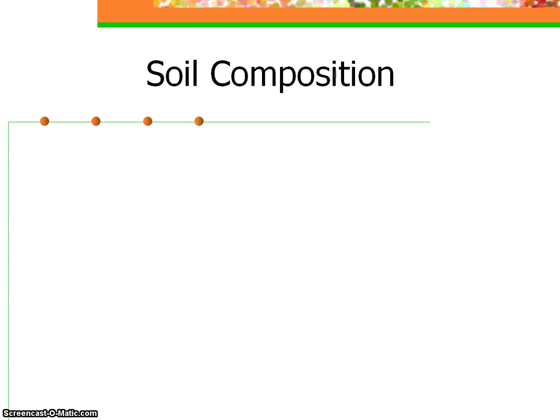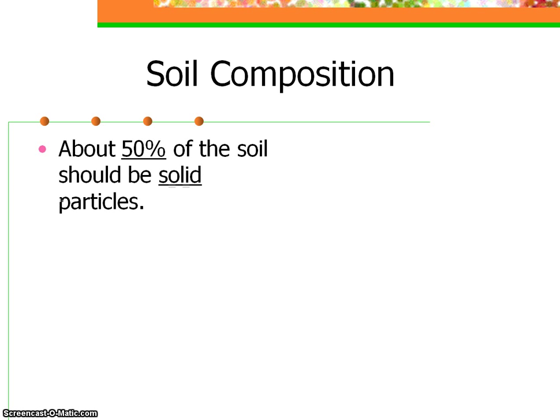Alright, soil composition. A nice balance of soil composition is going to lead once again to overall plant health and increased plant growth. You want about 50% of your soil composition to be made of solid material, about 40-45% of it going to be your minerals, and then the last little 5-10% being your humus or your organic matter.